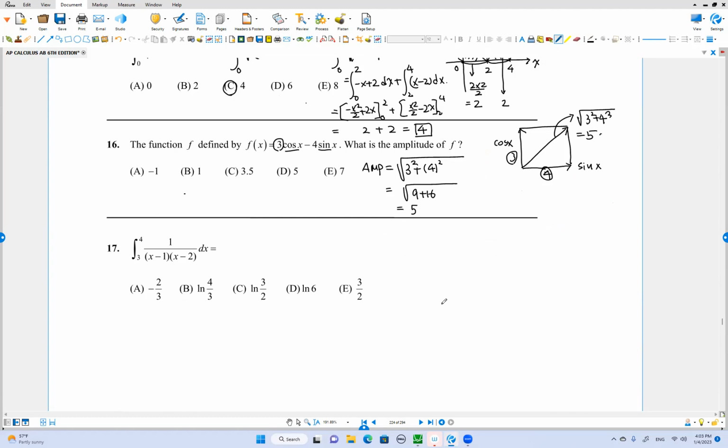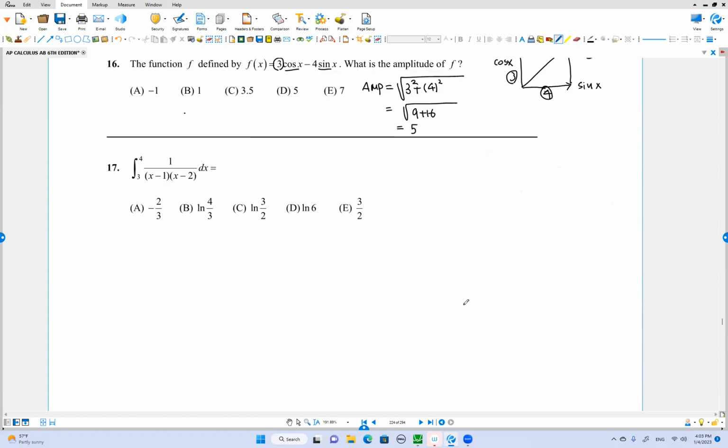Okay, try number 17. Integral from 3 to 4 of 1 over x minus 1, x minus 2 dx. For this one we set up partial fractions. 1 over x minus 1, x minus 2 is separated into A over x minus 1 plus B over x minus 2.